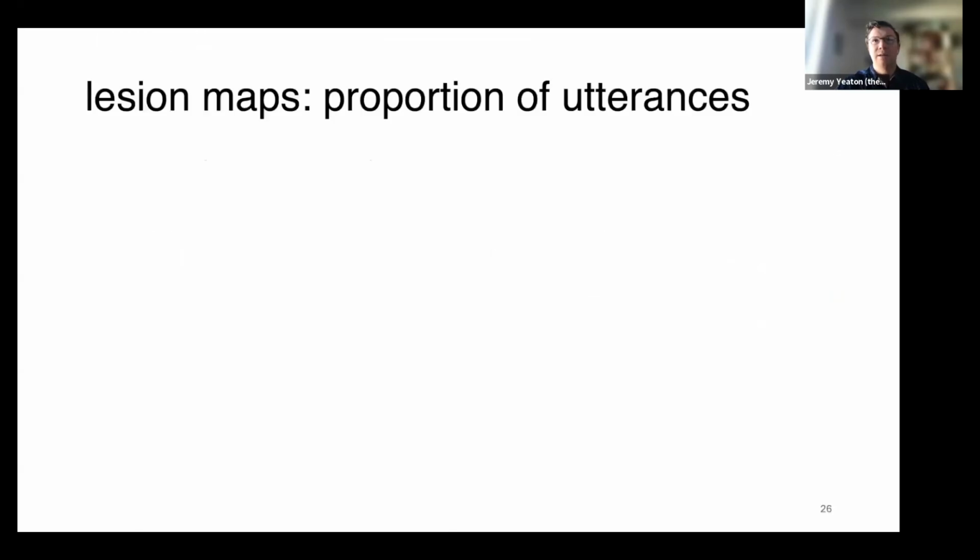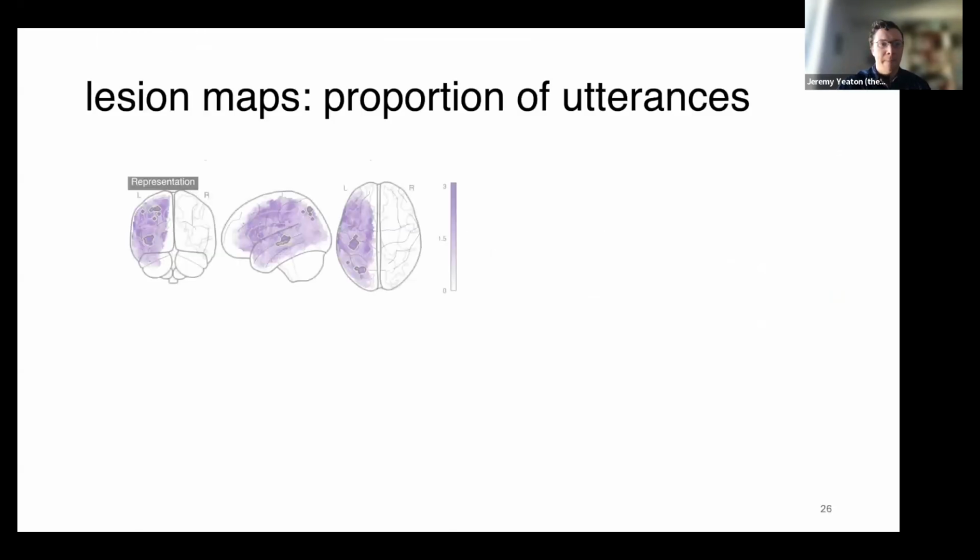If we look at our error codes, the proportion of representation level errors resulted in a lesion that's sort of in two pieces. You have this mid to posterior temporal STS lesion, and then also this kind of cluster of voxels in the parietal lobe.